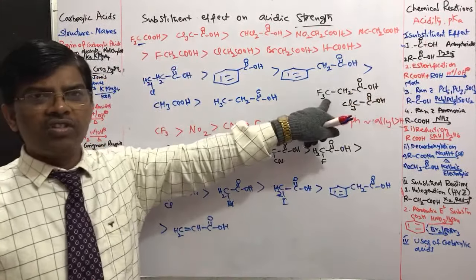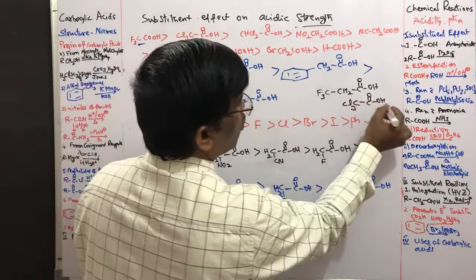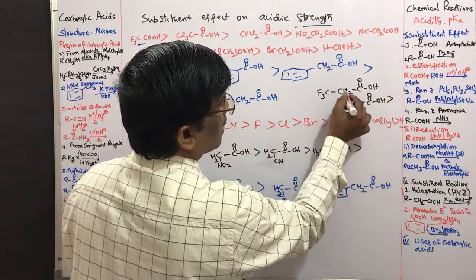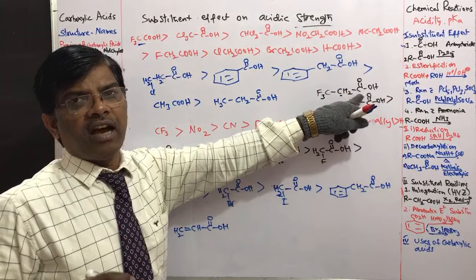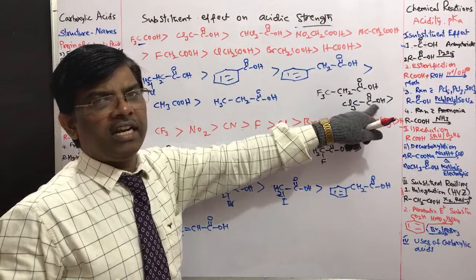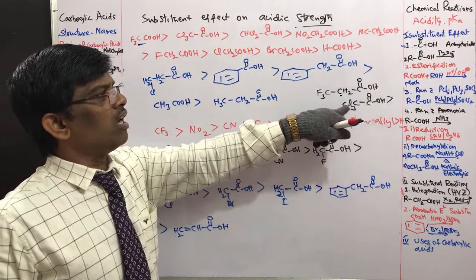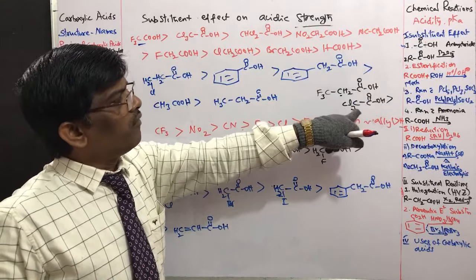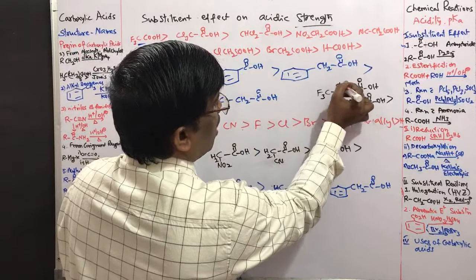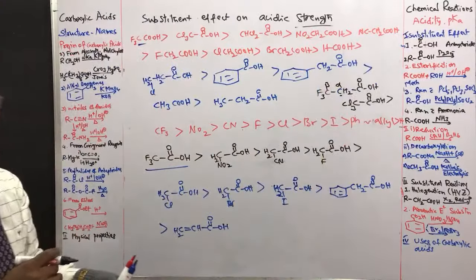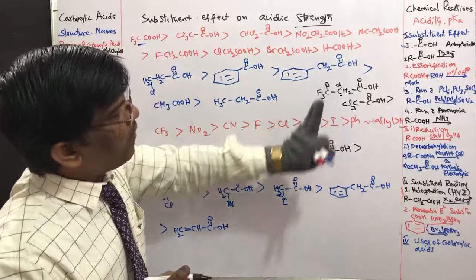Let me know which is stronger among these two. Yes, students, this is stronger. With trichloro, the alpha carbon, the carbon attached to the carboxylic acid, has a direct effect on the carboxylate ion. That is why the O minus is going to be stabilized more if it is attached directly to the withdrawing group. This one is the beta carbon. This is alpha and this is beta carbon with respect to the carboxylic acid. So you have to stress this type of examples.